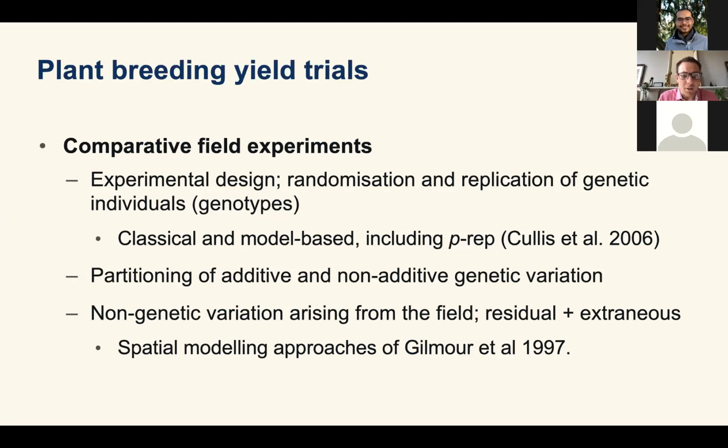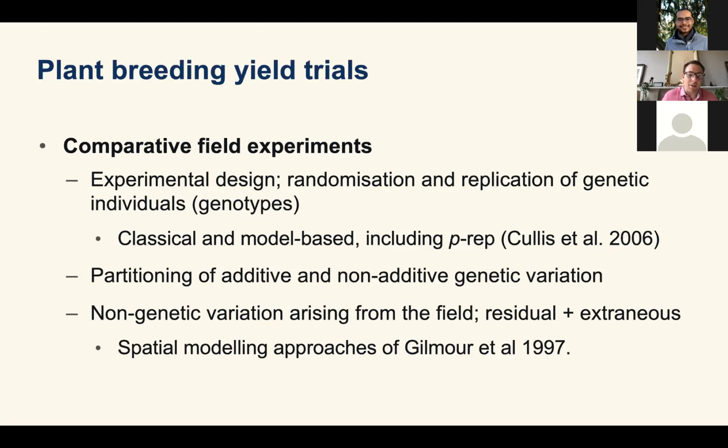And what the replication also allows us to do is look at the non-genetic variation in the field. So we have the residual, what we talk about when we have correlation structures at the plot level, as well as extraneous variation, things like competition, sowing direction, harvesting, serpentine harvesting, all that sort of stuff we can account for in the analysis.